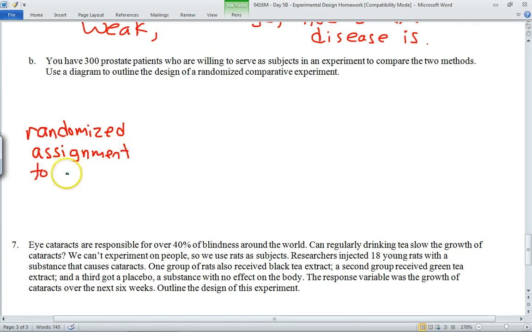Okay, here's the key. We need randomized assignment to the groups. So we'd have some sort of a random number generator from the computer or the calculator or something, and that is how the subjects will get assigned to the two groups. So the two groups would be, we'll just call it group 1 and group 2.